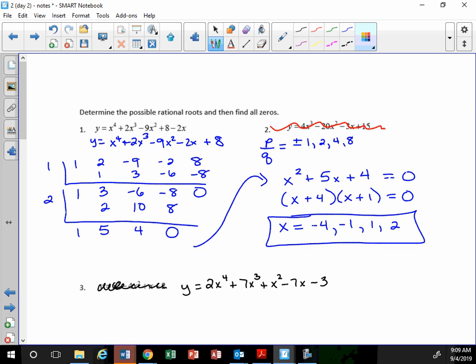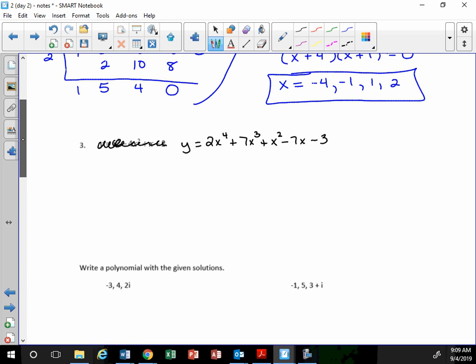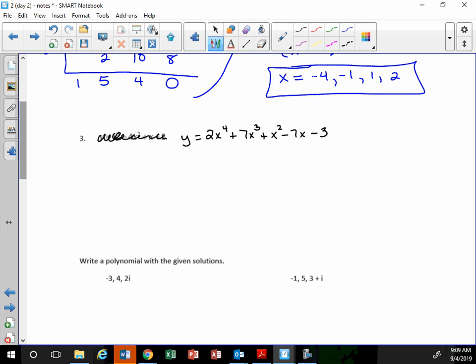Alright, so you guys gonna try number 3 for me. Same idea, I rewrote it here. I'll move it up so you can see it. 4th degree again, so you're going to have to do 2 rounds of division.